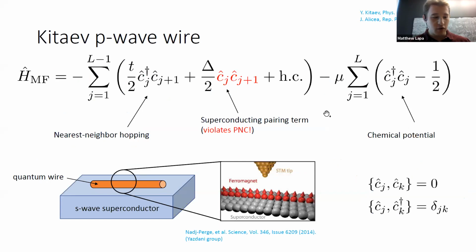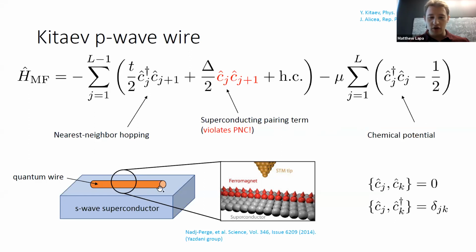So now I'll start with a brief review of the usual mean field models of topological superconductivity. This is the Kitaev p-wave wire model. It's a model of spinless fermions, c_j, hopping on a wire of length L. I've written it with open boundary conditions, and you can see it consists of a nearest neighbor hopping term, a superconducting pairing term, which is of course the term that violates particle number conservation, and then a chemical potential term.